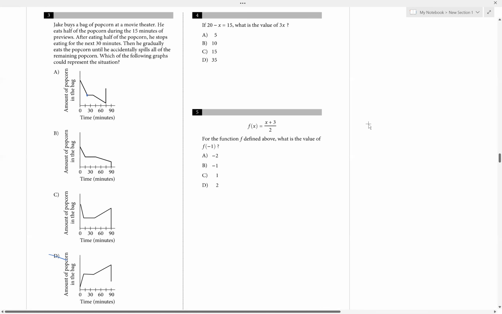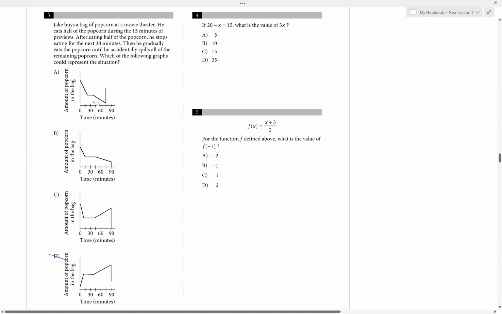But then this one is 30 minutes. Seems like it's a little bit less, right? This one did go flat, but it's a little bit less than 30, more like 15 minutes. So 30 will go from 15 to 45, which is right here, so it should go flat all the way till here.